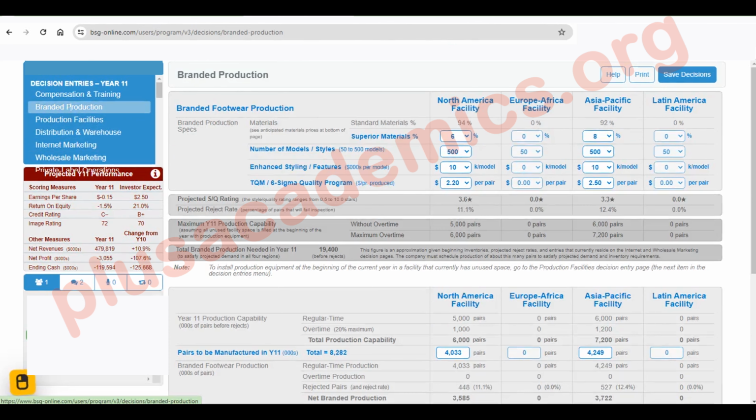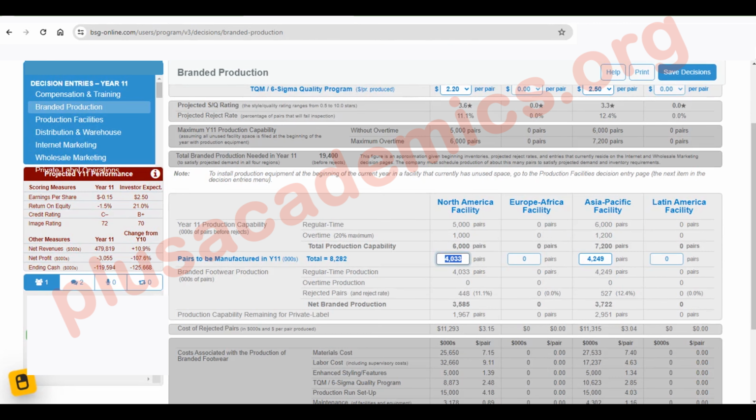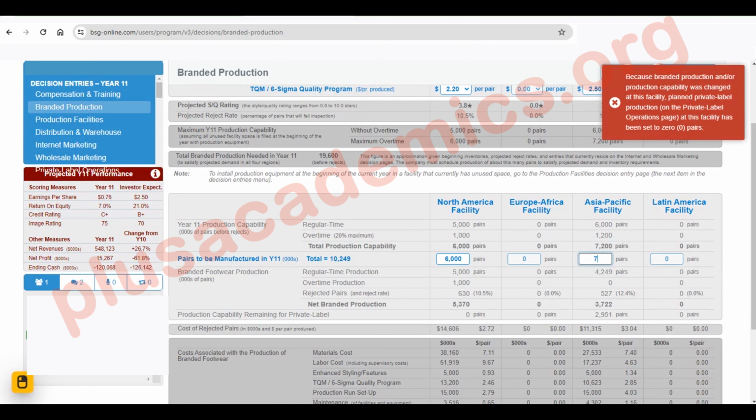This means the likelihood of us producing private label is reduced to actually none, because the capacity and production equipment that we currently have is not enough to meet the demand required both for branded pair and also for private label. So in North America, let us increase to 6,000, and in Asia Pacific, let us increase to 7,200.